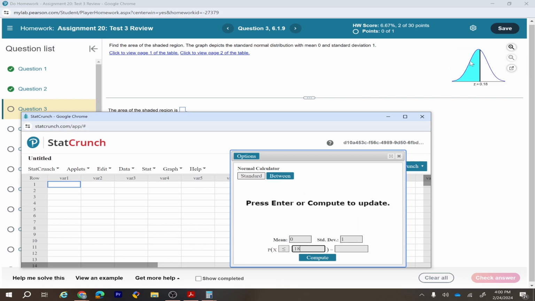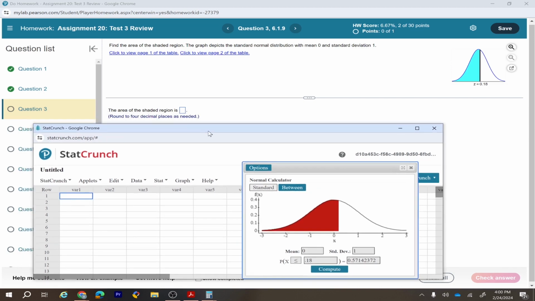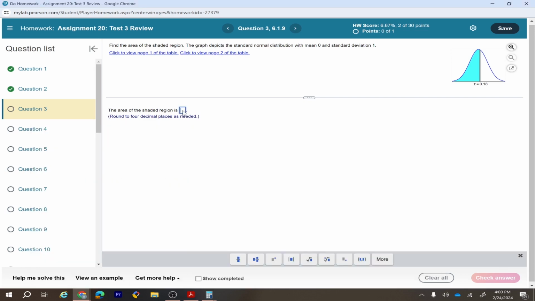Less than means the left side, and if you hit compute, that will give you a graph and the probability is 0.5714. If you round it to 4 decimal places, the probability and the area under the curve are the same thing. So the answer is 0.5714.